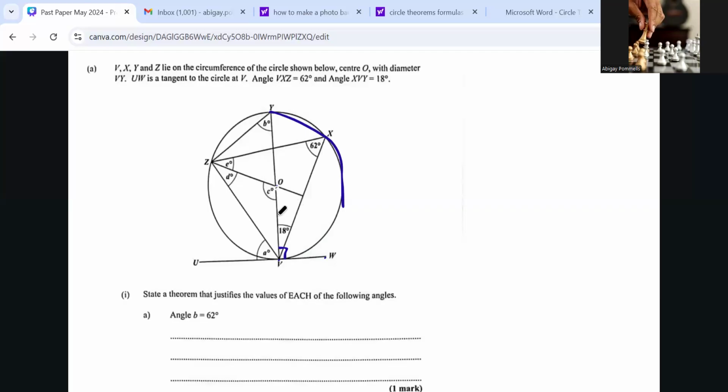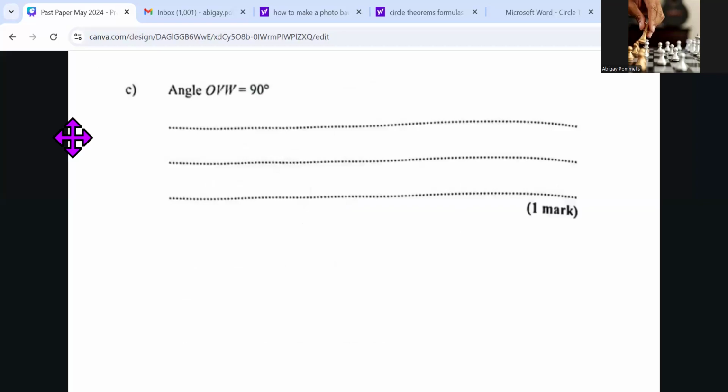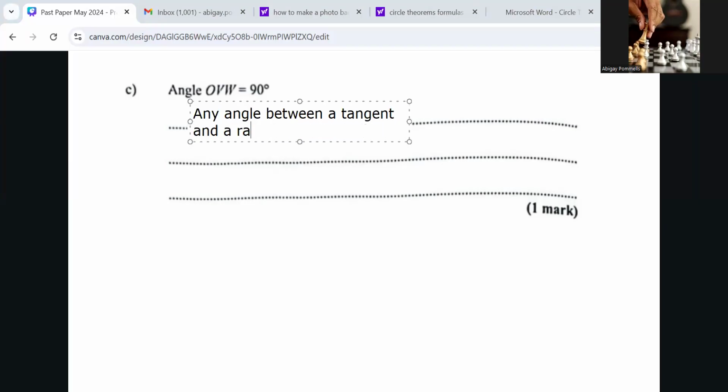Because this right here is a radius, good, and a tangent right here, that's our theorem: any angle between a tangent and a radius is 90 degrees.